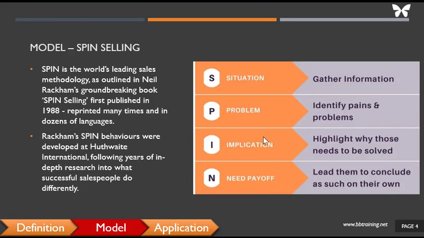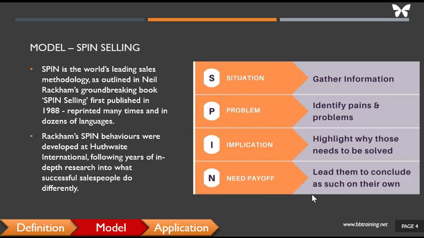So if you look at this, basically it starts with situation questions, problem questions, implication questions, which gets exaggerated a lot, and then eventually asking a need-payoff question where the customer himself or herself agrees that they need to buy this product. This is one of the most intelligent sales techniques I have ever come across in my life, where the salesperson never pushes the product.